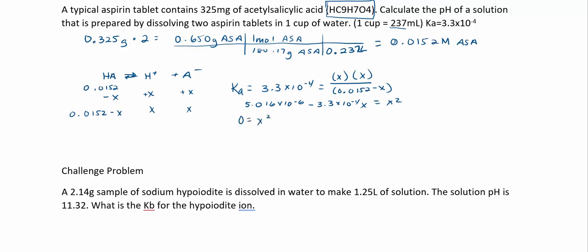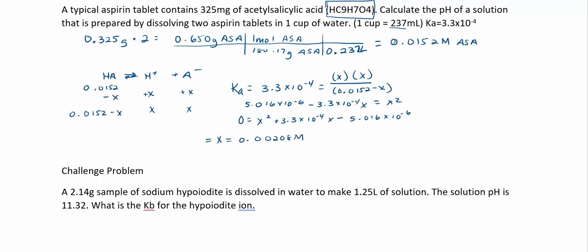So 0 equals x squared plus 3.3 times 10 to the negative 4x minus 5.016 times 10 to the negative 6. Now, when I put that in the quadratic equation solver, I get one positive root. So x is equal to 0.00208 capital M molar.